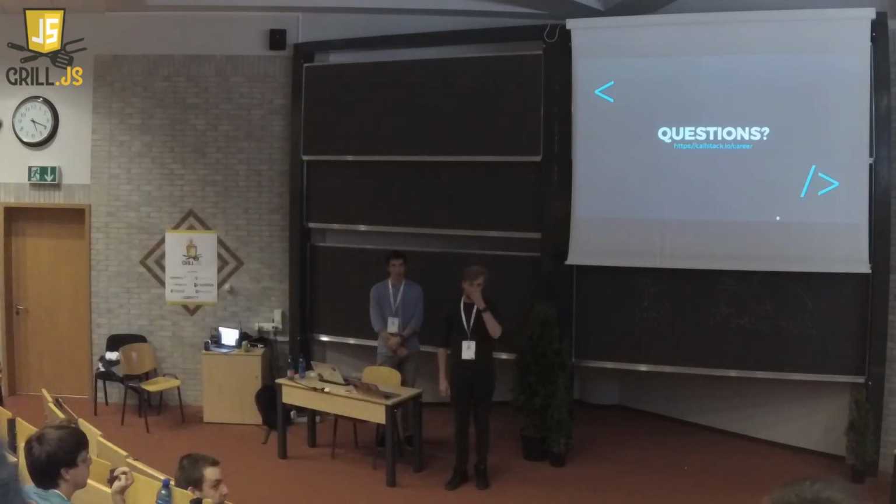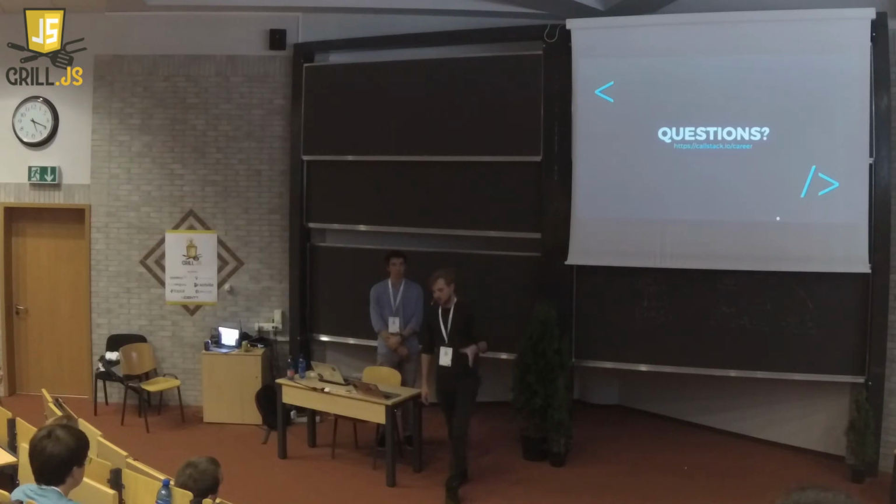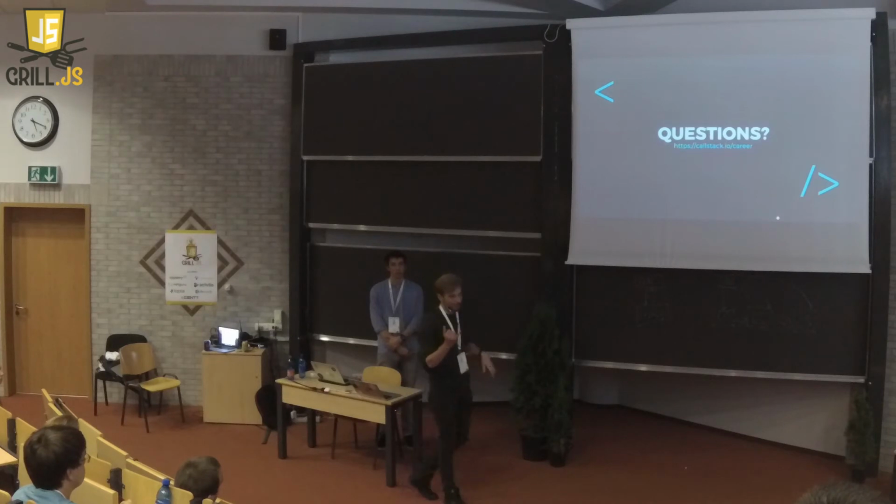Thanks for the presentation. And what is used under the hood for Fiber? I mean, requestAnimationFrame, web workers, requestIdleCallback? It's based mostly on the two things you mentioned: requestAnimationFrame and requestIdleCallback, and it uses them to schedule the work.